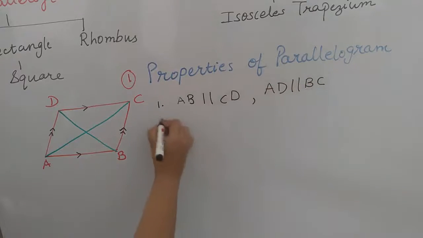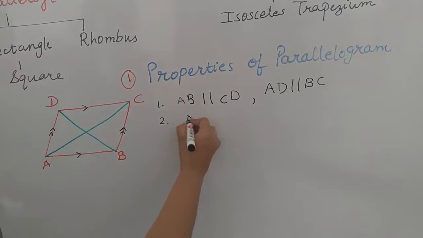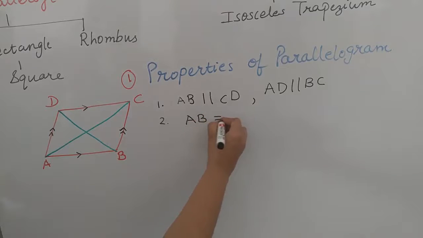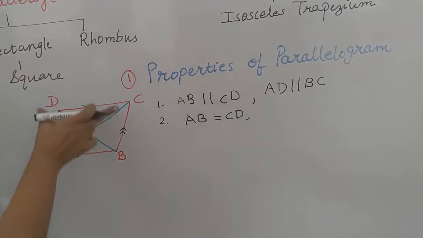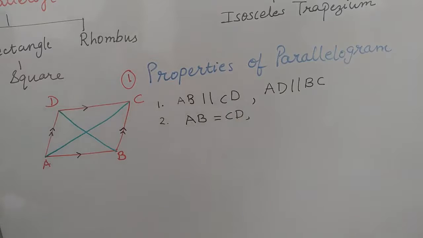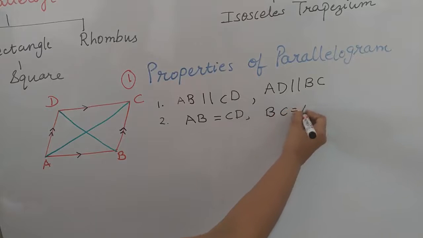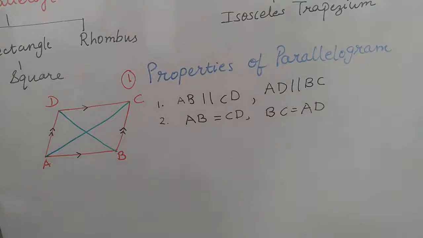So this is our first property of a parallelogram. Now second, opposite sides are also equal. So here AB is equal to CD, meaning whatever the measure of AB is, it is the same as the measure of CD, and BC is equal to AD, meaning opposite sides are also equal.